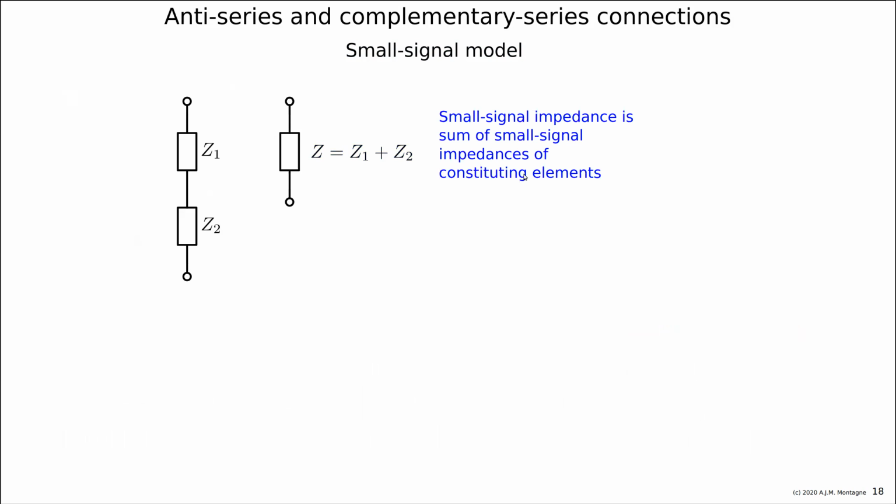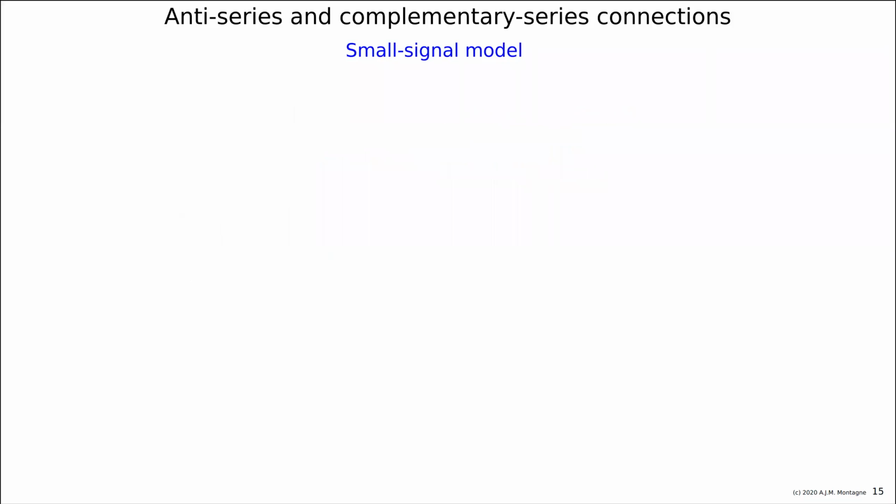So if the device is working in the quiescent operating point and we have equal devices, then of course we can simply say that the total impedance is 2 times the impedance of one or the other. So that is only in the quiescent operating point, because maybe it's good to go back to this point.